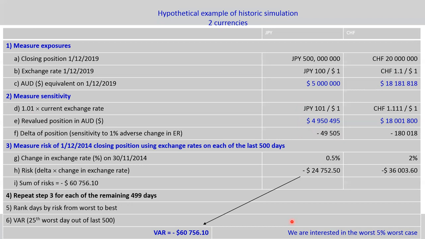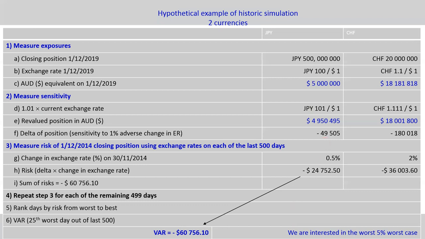I will sort them and choose the worst 25 days. Why 25 days? Because 25 days represents 5% of the observations, which is the 500 days. So you will take the last 500 days, see the changes, using the delta, transfer this to dollar values, sort them for the last 500 days, and then get the worst 25 days. That is your VAR.